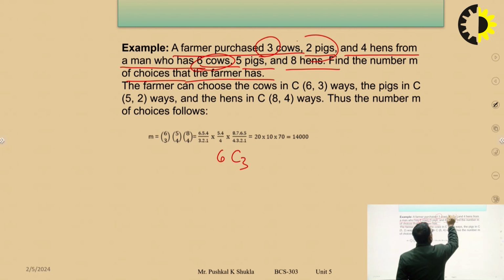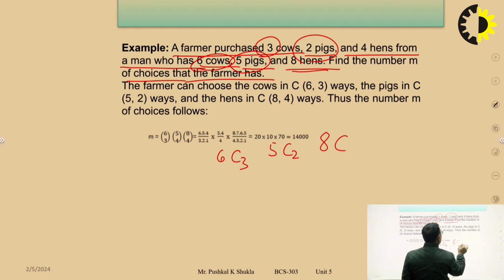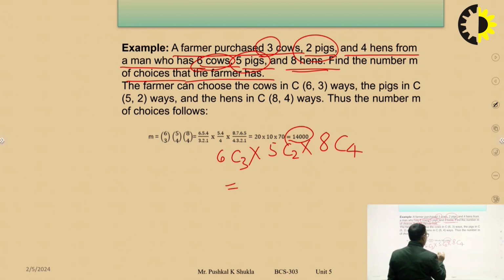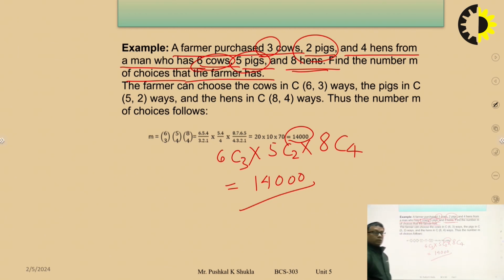Again, out of 5 pigs, 2 are chosen, 5C2. Again, out of 8 hens, 4 are chosen, 8C4. Multiply these and we will get 14000. So the total number of choices that the farmer has is 14,000.